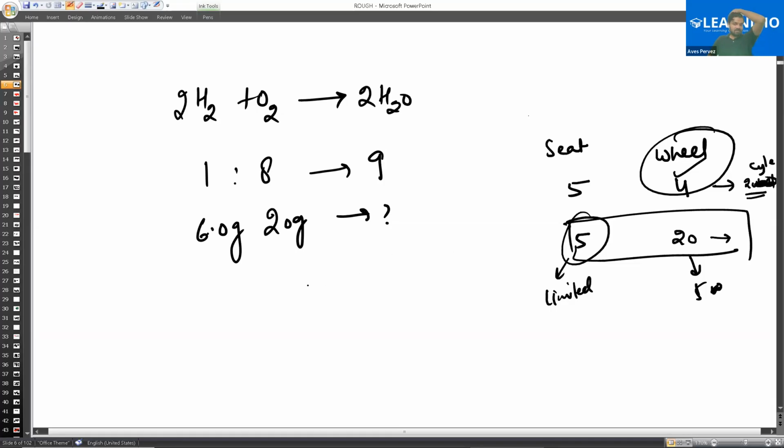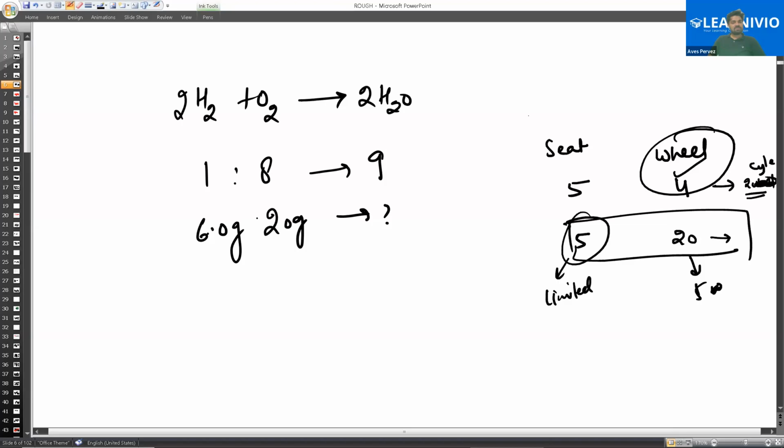The same question applies here. If we have 6 grams of hydrogen and 20 grams of oxygen, and I ask how many grams of water will you form? First you need to find out which one is limiting, which will be consumed first completely.